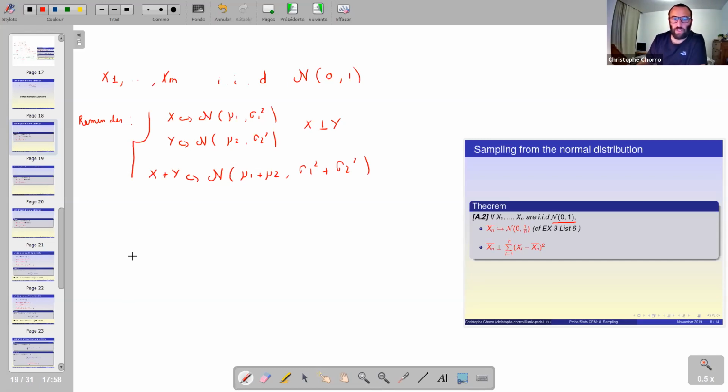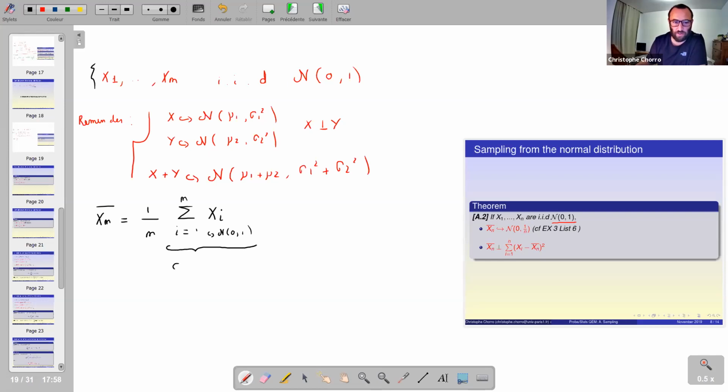So what we are going to do here, we are going to be interested in the sample mean. In this situation, X n overline is equal to 1 over n, the sum from i equal 1 to n of the Xi, each of them being N(0,1). I do the sum of n independent N(0,1) using this result successively.